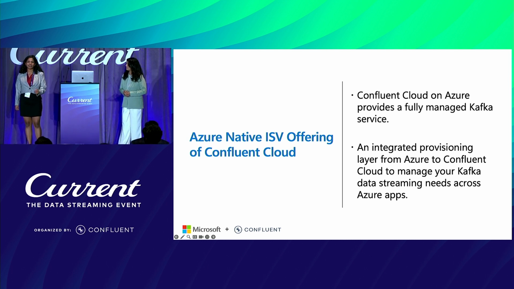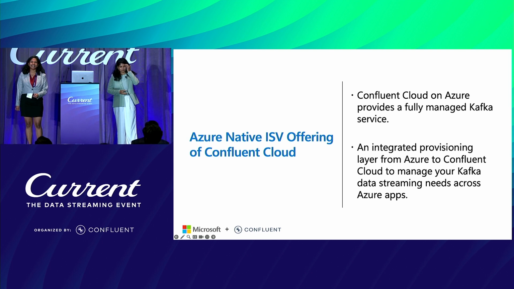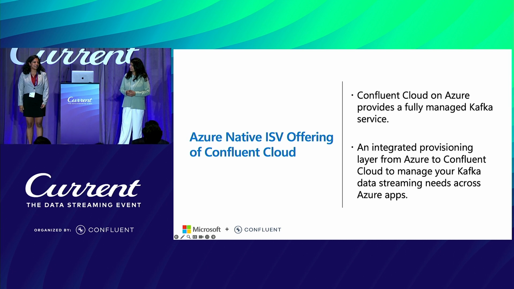So if you are a customer who uses Azure services and you would also like to use Confluent as your data streaming solution, which you should very likely definitely consider, you don't have to jump between the platforms now. You can do it all in one place while staying at Azure Marketplace and have the two stories together. We also have the integrated layered provisioning between Confluent Cloud as well as the Azure Marketplace to make sure that all your apps and the Kafka data are being managed in the same place.